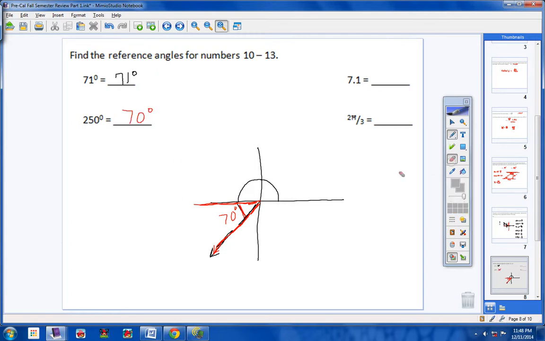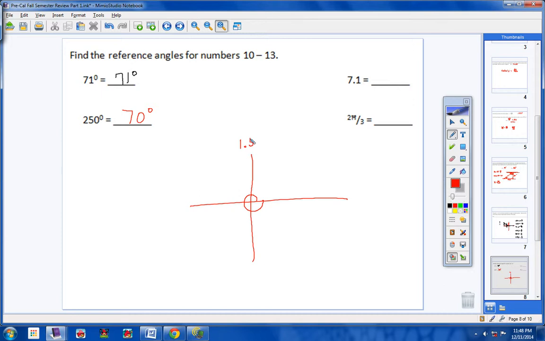Now let's deal with radians, okay? Now be really careful here. We know for sure we want to move 7.1. Now remember, guys, if you go around once, that's 6.28, okay? How do I know that? Because every time I move 90 degrees, I'm going 1.57.